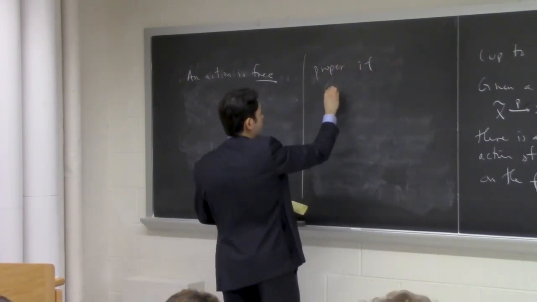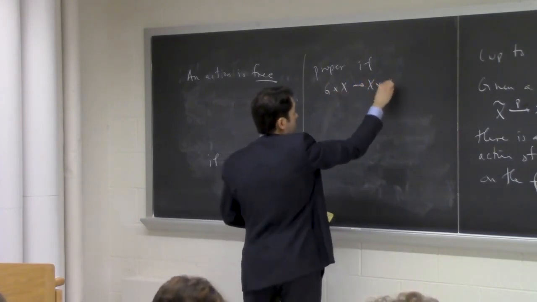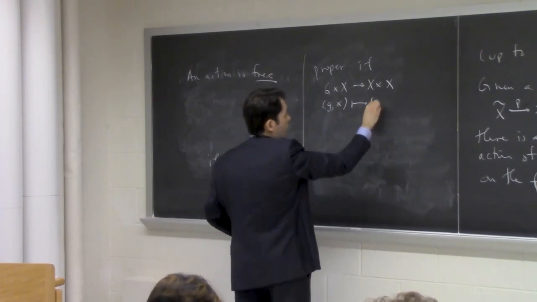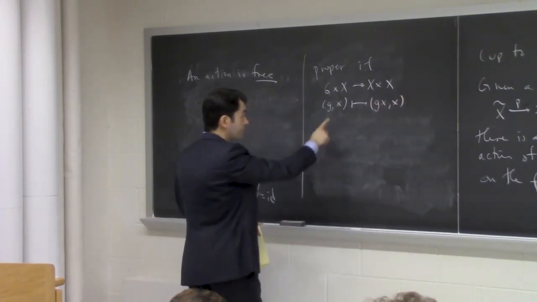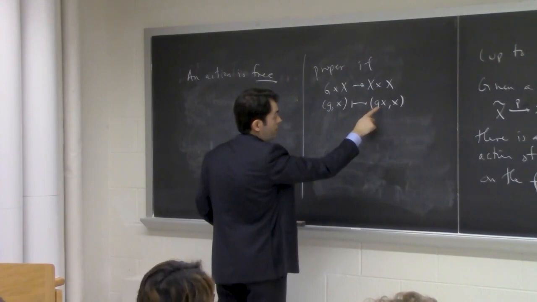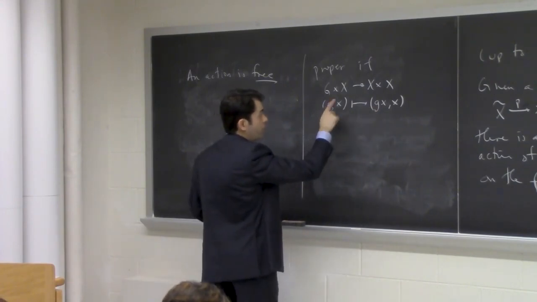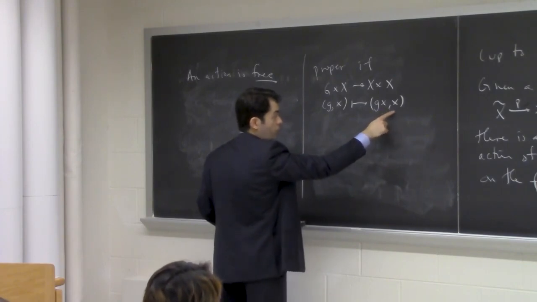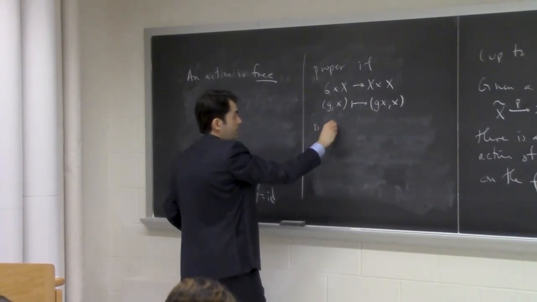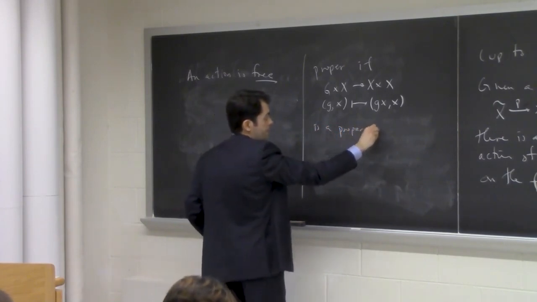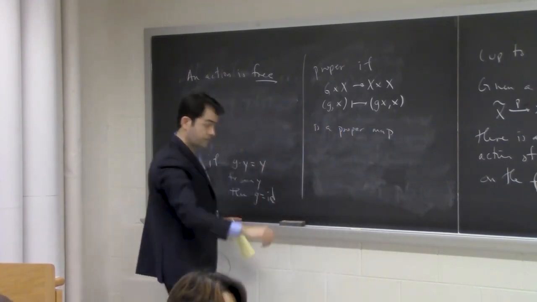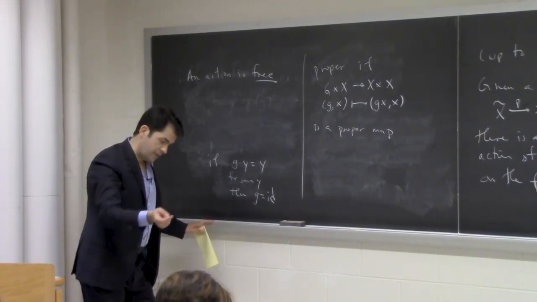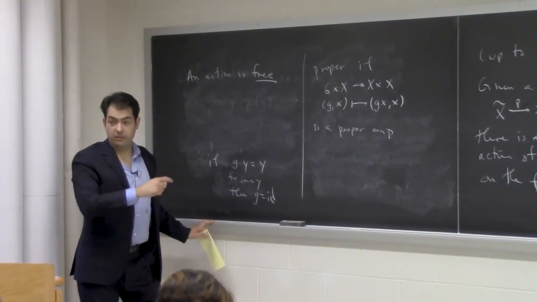If the map where you look at the action of the group on the space and how far that takes you from where you started is a proper map. All right, and remember, proper maps are continuous maps whose inverse image of a compact set is compact.